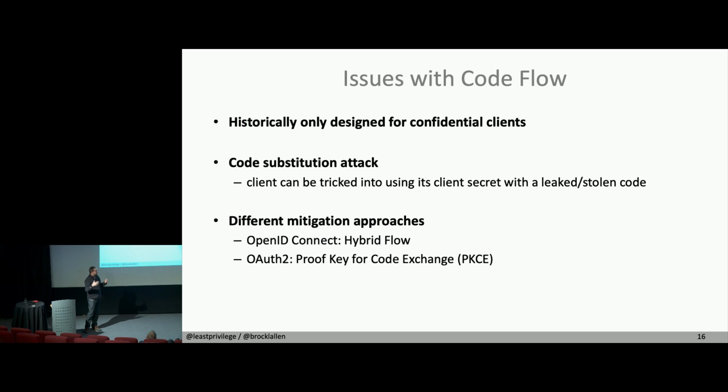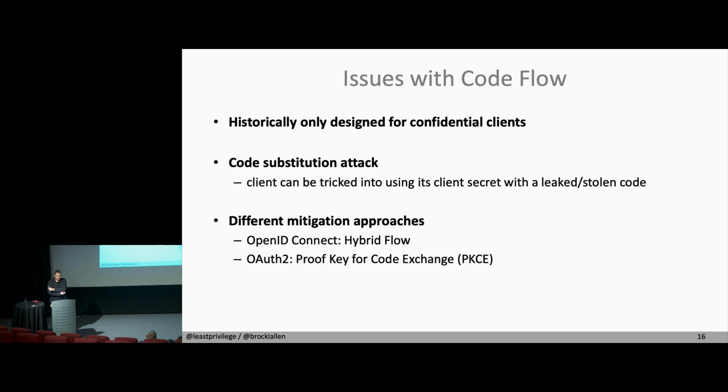You're tricking the client into using its secret to turn the stolen code into tokens, and now you can basically impersonate that victim, that user, using just the legitimate application, right? Because we basically cheated, okay?